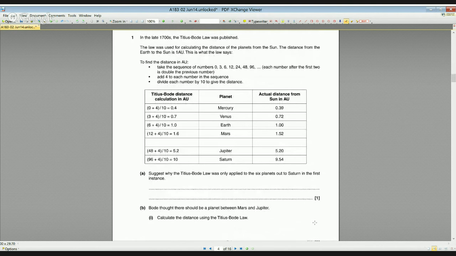So part A says, suggest why the Titus-Bode Law was only applied to the 6 planets out to Saturn in the first instance. So what this is, it's an arithmetic sequence that was discovered in the late 1700s, which predicted how far away from the Earth the various planets should be.